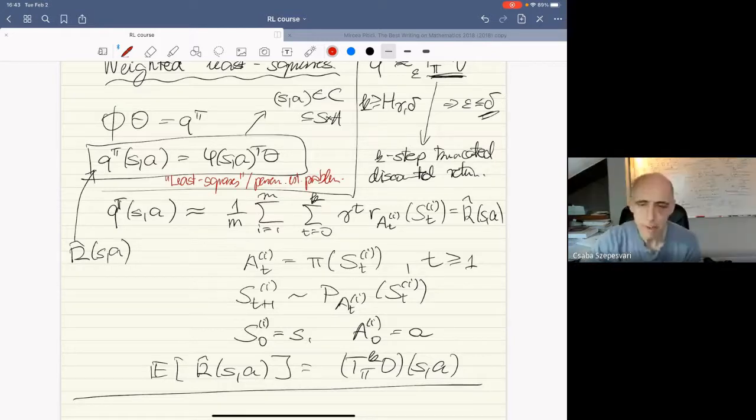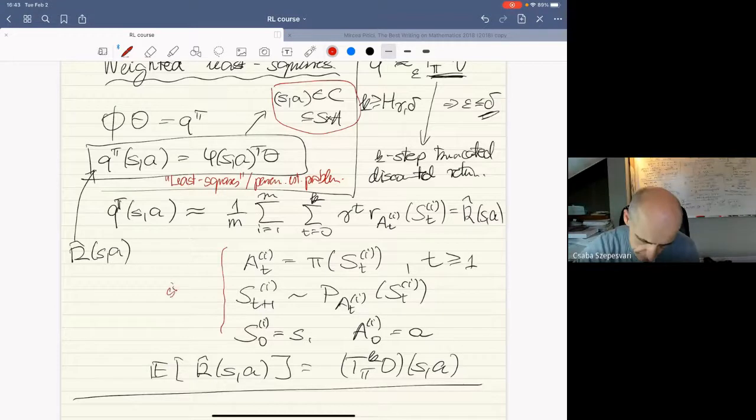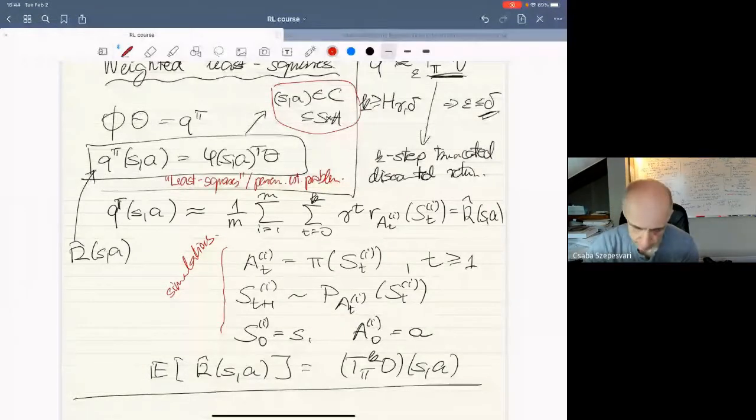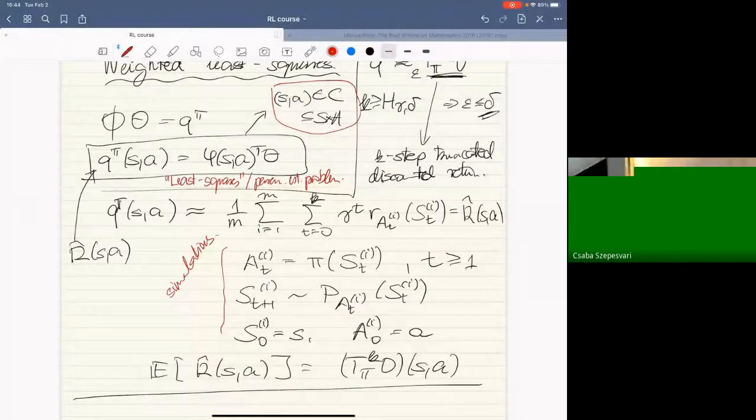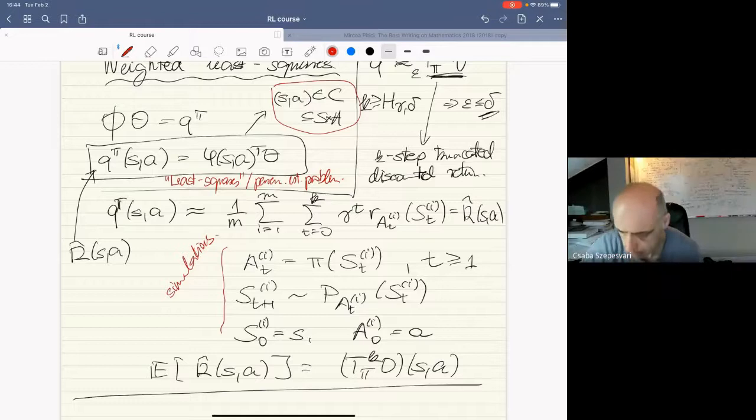And then the only remaining question is, at what state action pairs should we be running these simulations? And then some details, like how many trajectories are we going to need, and what should be the length of these trajectories.